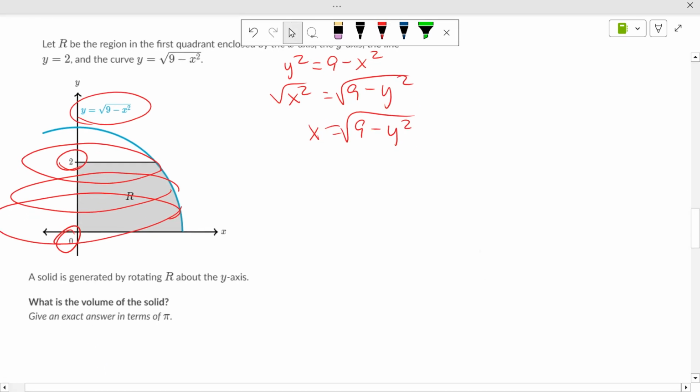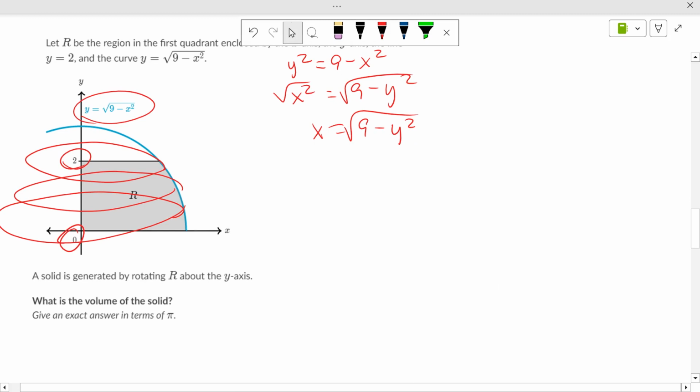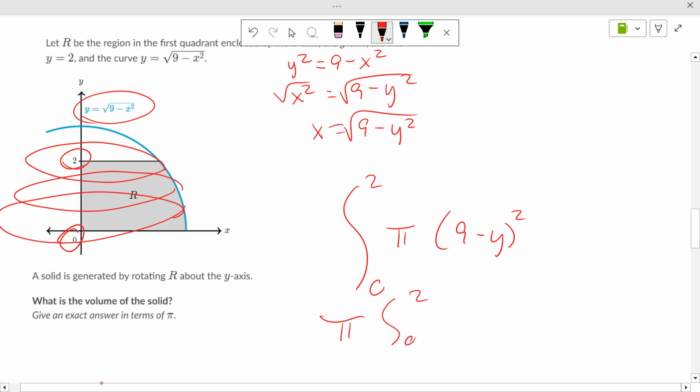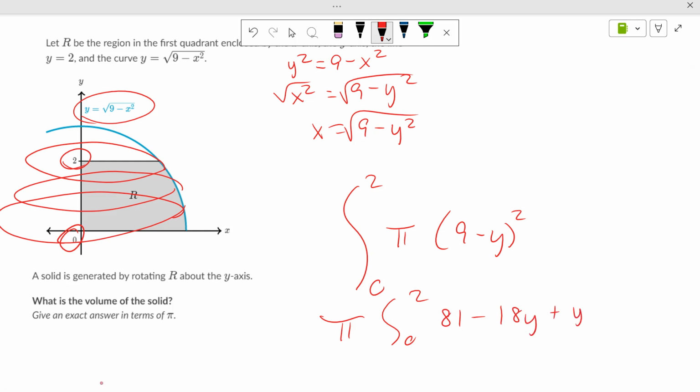It's basically the same formula. We're going around the y-axis, from 0 to 2 of pi r squared. Take the pi on the outside. Pi, 0 to 2 of, and what I would do is multiply it out, 81 minus 18y plus, forgot my square root.